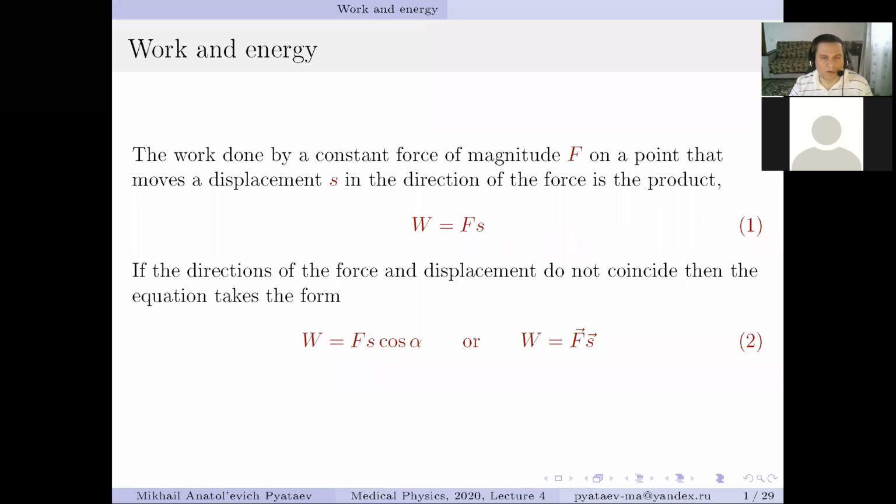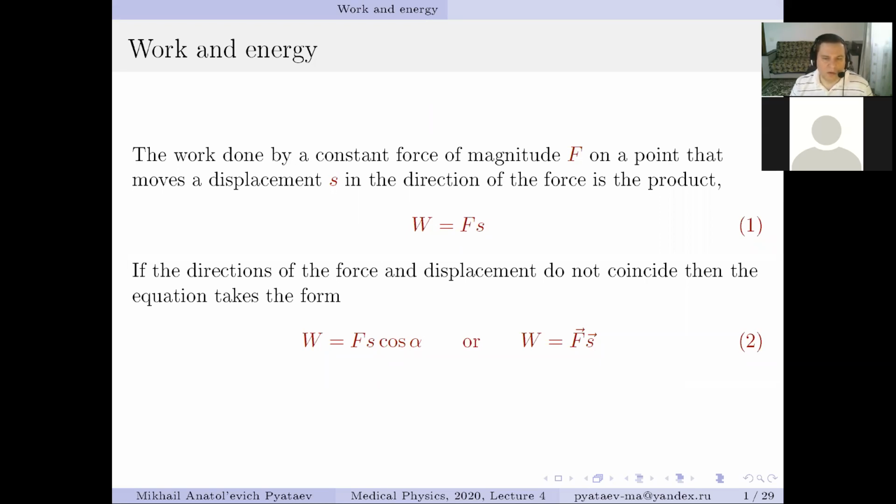It's present in mostly every field, in every branch of physics. For example, it's present in mechanics, in thermodynamics, in electricity, in nuclear physics. So all the fields include the term energy.